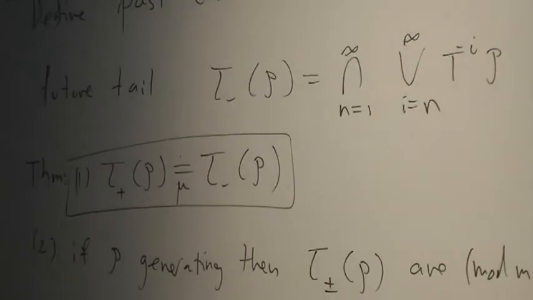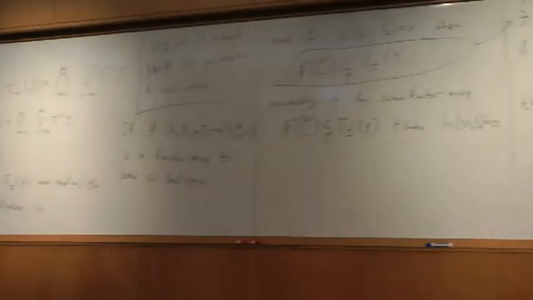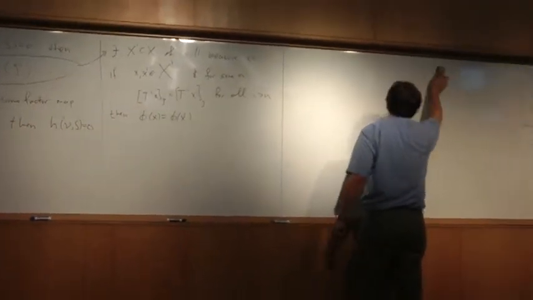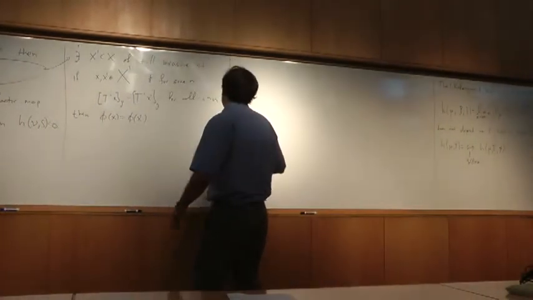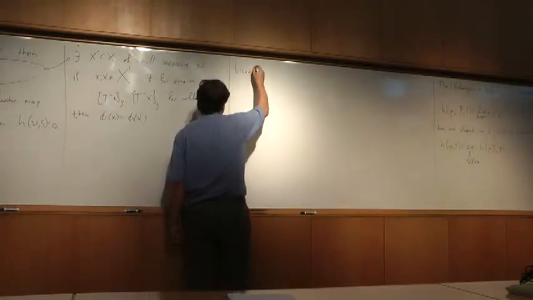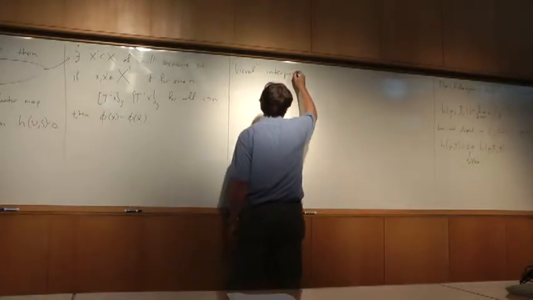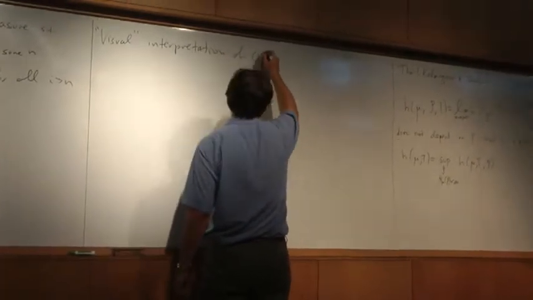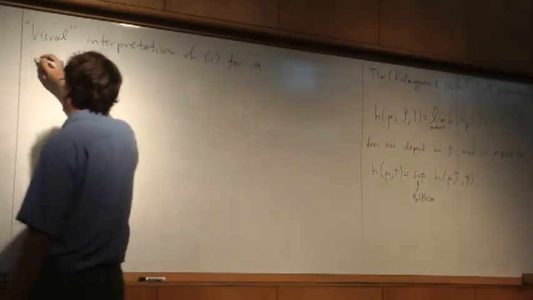That is to say, it's not needed, but to say in a couple of words, if I would assume that my automorphism is hyperbolic. So let's see a sort of visual interpretation of this entropy miracle for a hyperbolic toral automorphism.